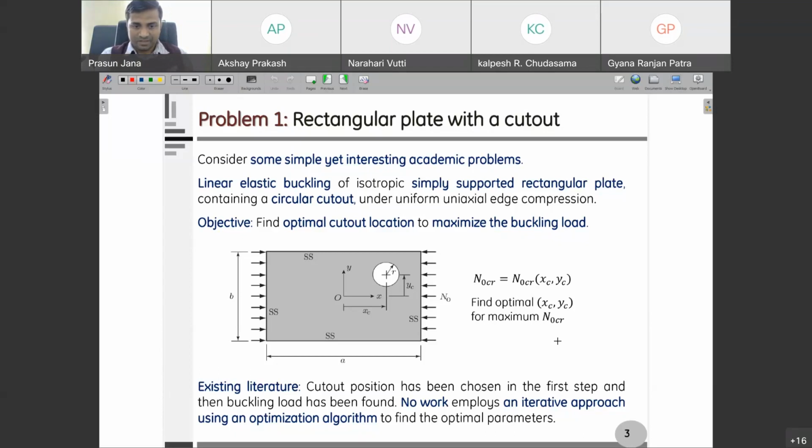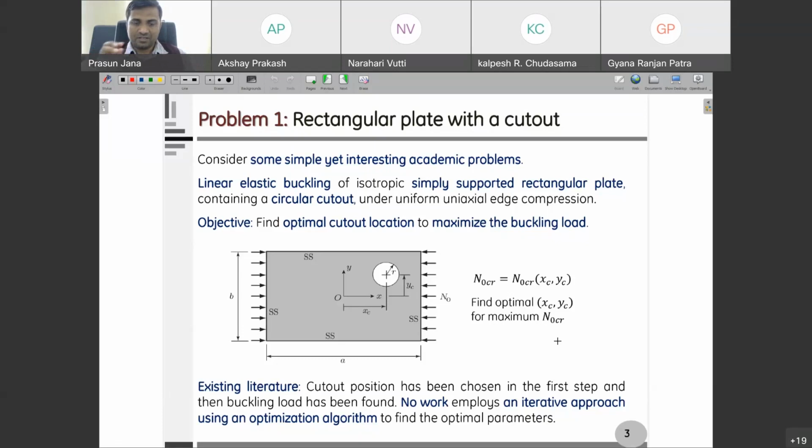Then I'll try to optimize the location of this cutout within this rectangular plate. There are studies available where this optimization is not done systematically. Because you can choose n number of locations within the structure, they do some design of experiments kind of study, DOE.